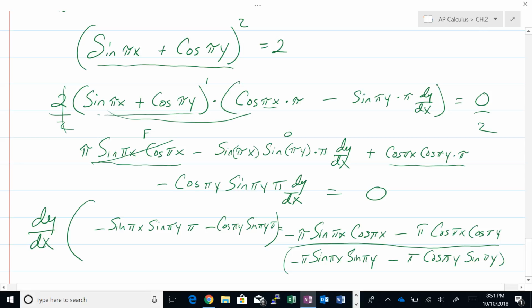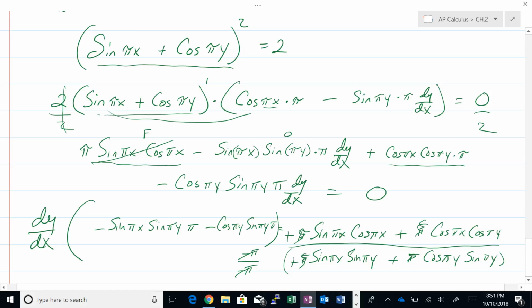There we go. I just pulled all my pi's out front. So on the top and bottom, I can pull out a negative pi on the top and a negative pi on the bottom. They cancel. So that would just do this.